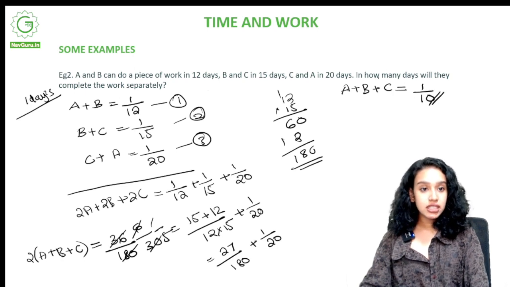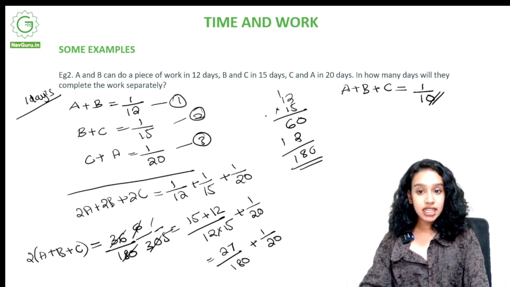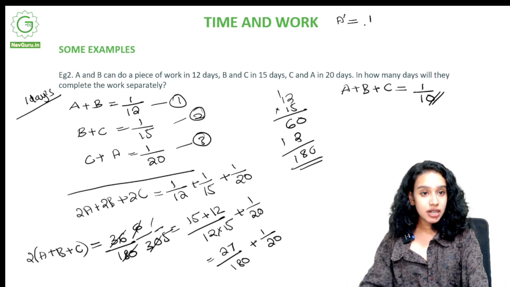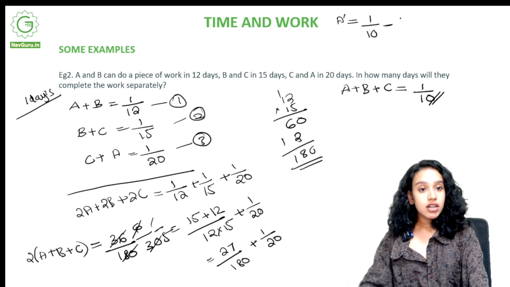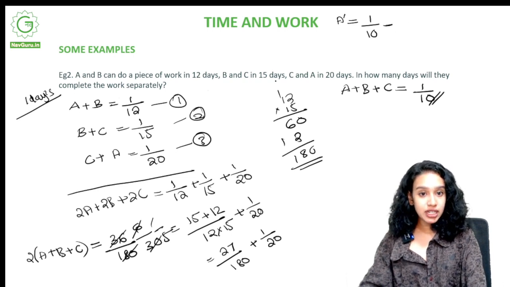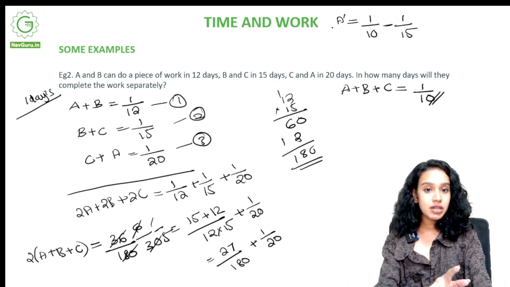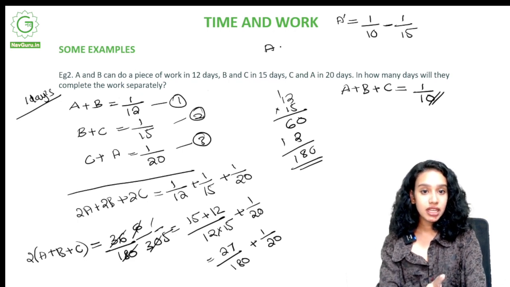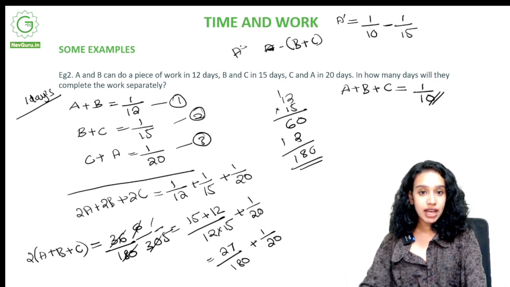Now to find the number of days they'll take to complete the work separately. For A's case, what will we do? We'll subtract from the total amount of work done in 1 day, A plus B plus C, the B and C's, which was 15 days, right? It was 1/15 and the total is 1/10. So we subtract B plus C from A plus B plus C and we get A, right?